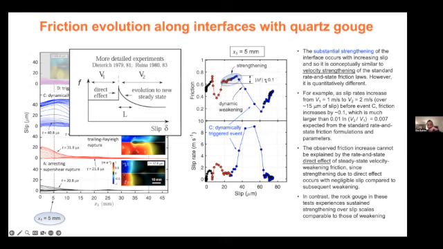And this strengthening is quite large. It is not consistent with the direct effect of rate-and-state, because the rate-and-state direct effect will produce much smaller strengthening, and also it would occur nearly instantaneously, nearly with zero slip, whereas here it happens on the same slip scale as the weakening.